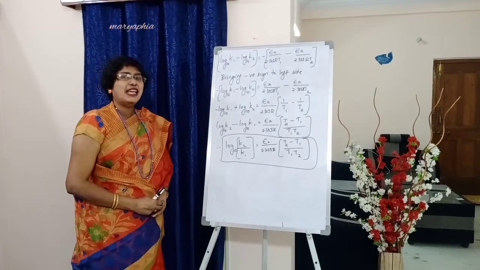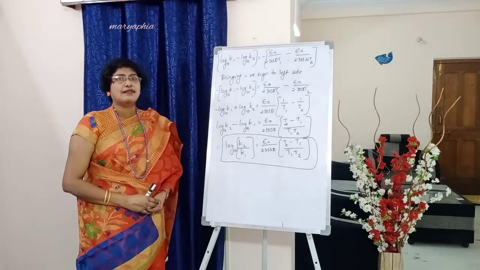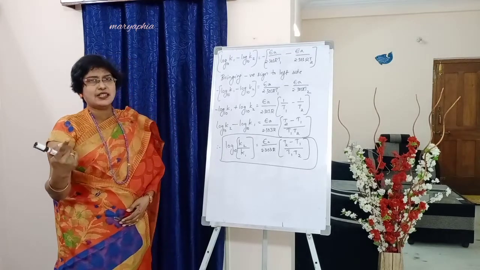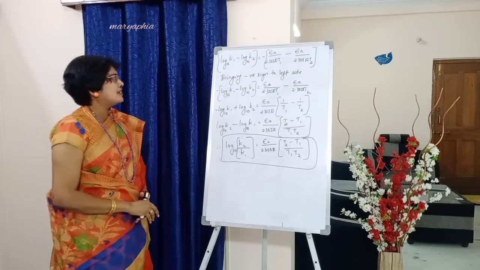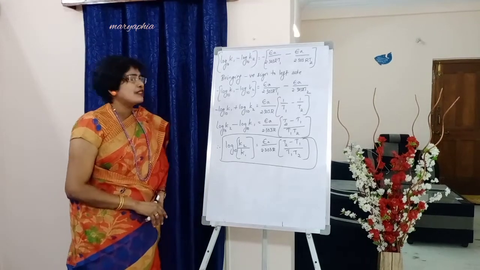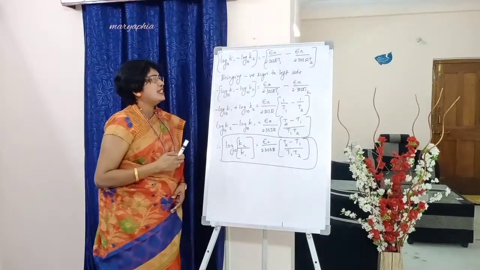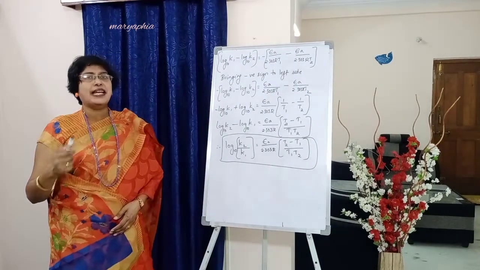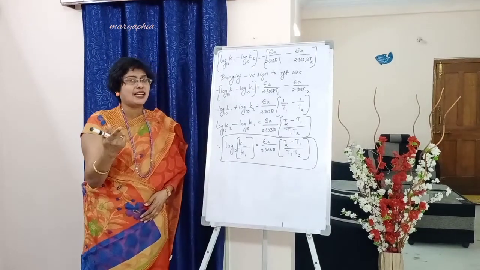Next, bringing the negative sign to the left side. On the right side there is a negative sign outside the brackets, that we will move to the left side. So what happens? Minus log of K1 base 10 minus log of K2 base 10 is equal to, now there is no minus on the right side, students.